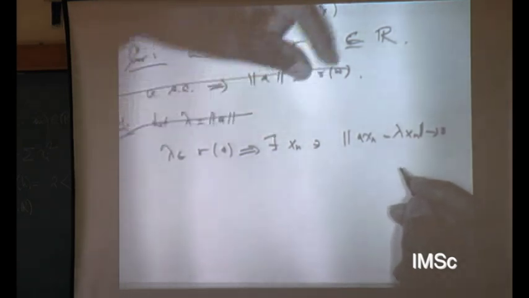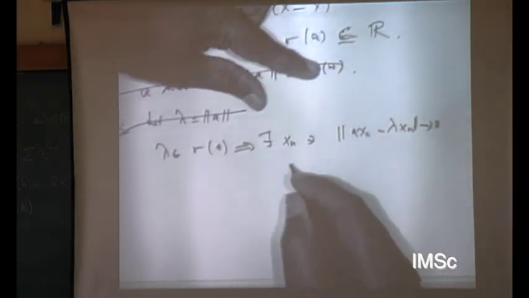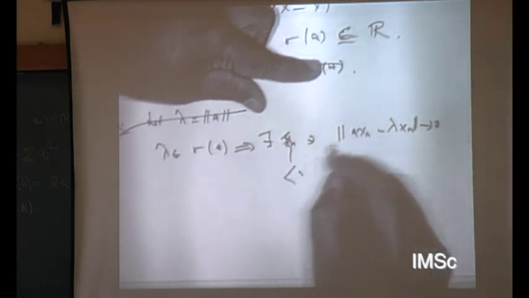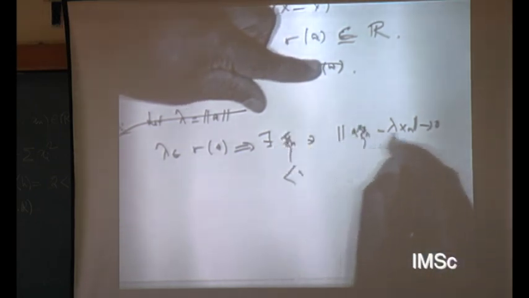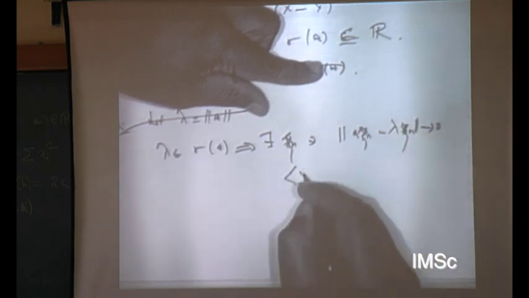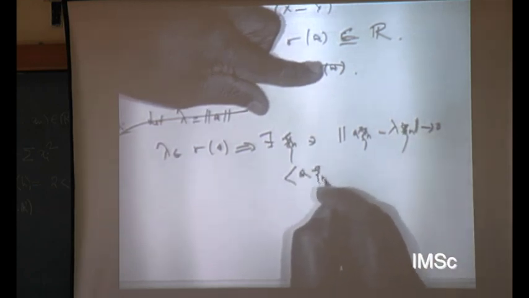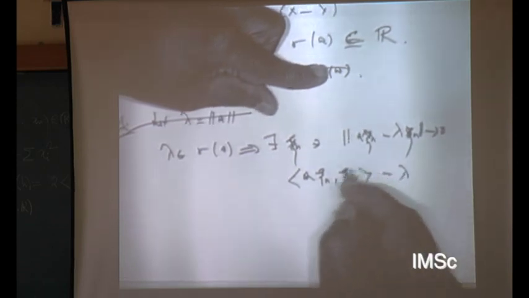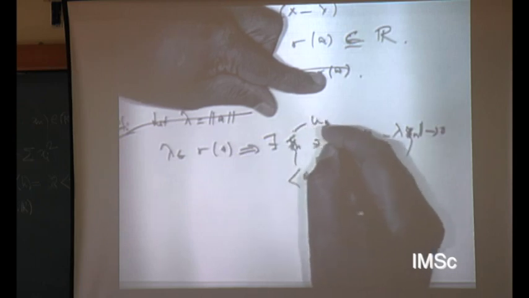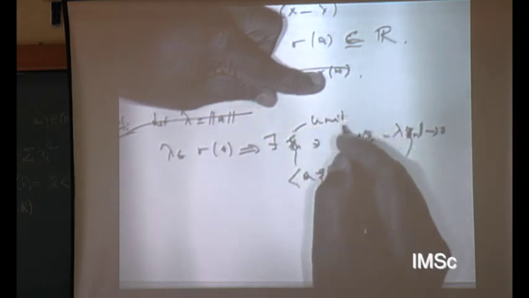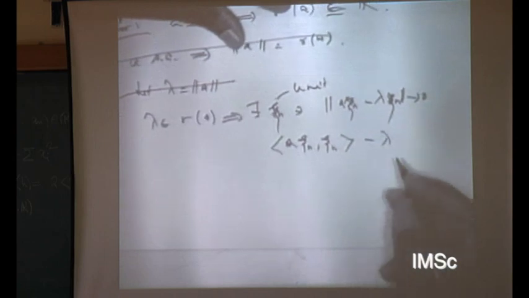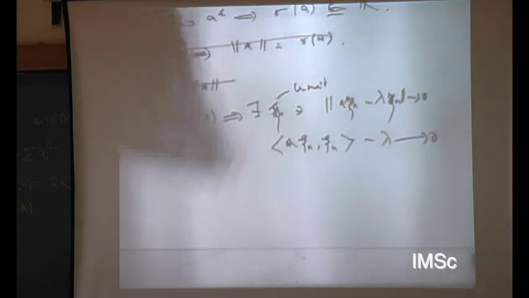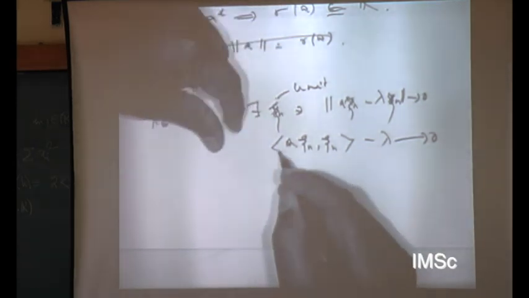Take the inner product with x_n. That means the inner product of A x_n minus lambda x_n with x_n goes to zero, and these are unit vectors. Since A is self-adjoint, all these things are real.